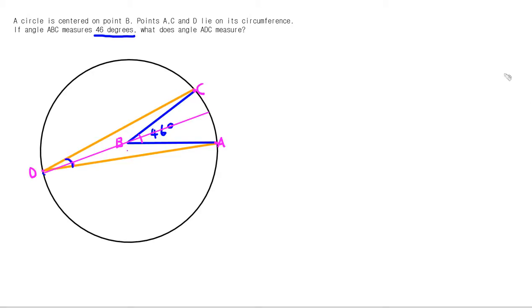Also, if there is a line right over here, it is going to be 180 degrees. If you see it carefully, 180 degrees should be equal to half of the angle CBA plus the angle CBD. So that should be equal to half of 46, which is 23 degrees, plus this angle right here, CBD, which is unknown.